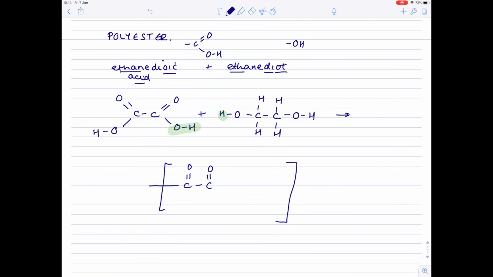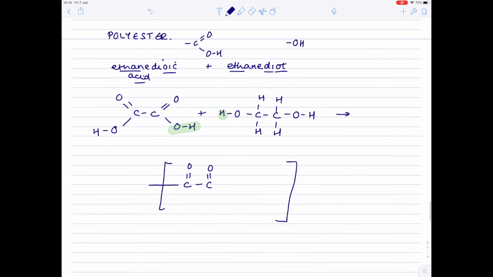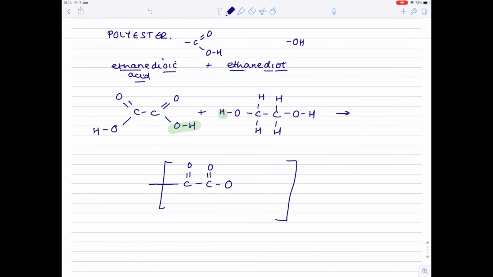We know that we've lost the OH group that I've highlighted, and so therefore we need to stick it to the O of the alcohol. And then just complete the rest of the molecule. And then again, because it continues the other side, we elongate the bond on the other side. And because we don't know how many we're joining together, we use N to represent that.